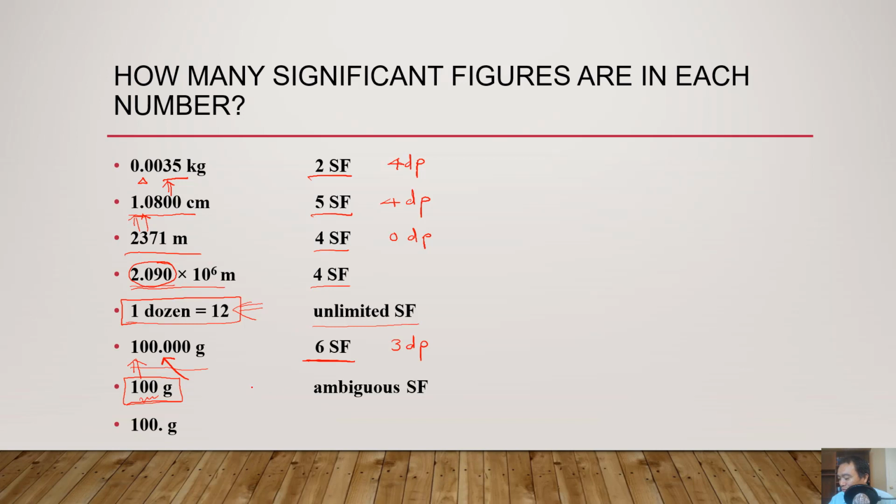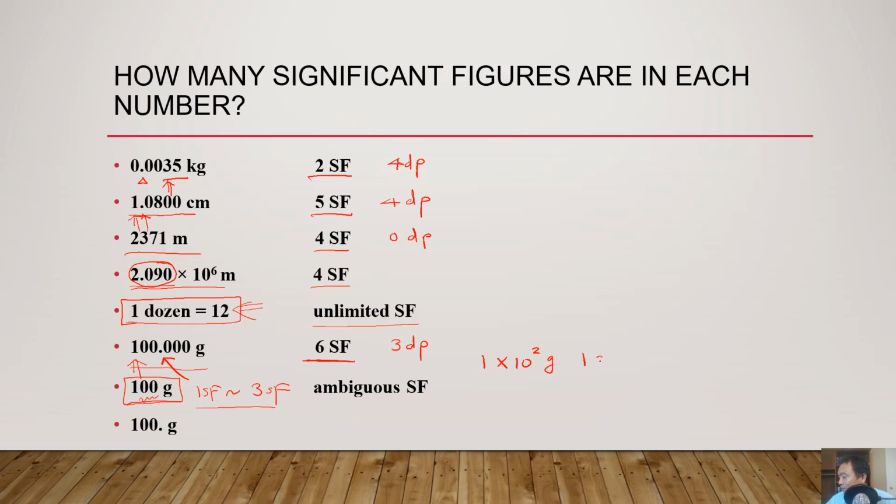It's not 3 sig figs. It's not 1 sig fig either. It's between 1 and 3. Basically, it's the number of sig figs without the trailing zeros to with all the trailing zeros. If you want to write this in a more accurate way, for example, if I want to write 100 as 1 sig fig, you would write this as 1 times 10 raised to 2 grams.